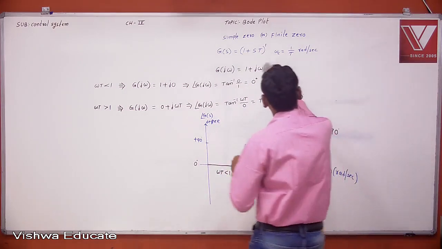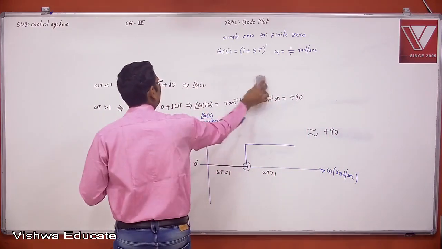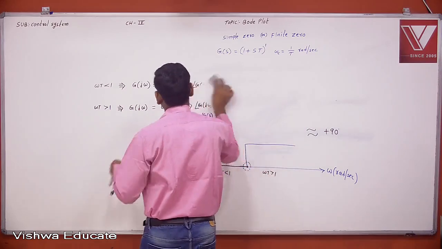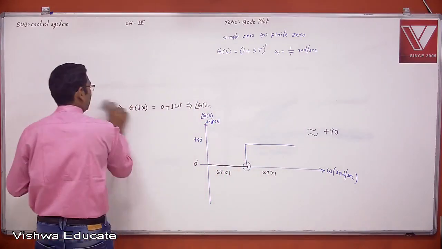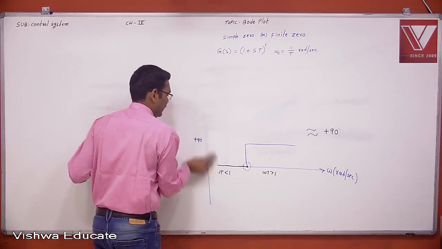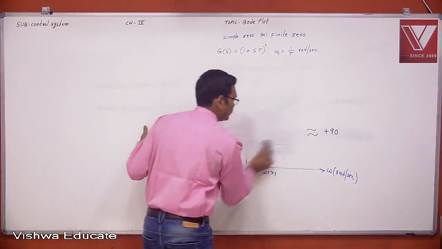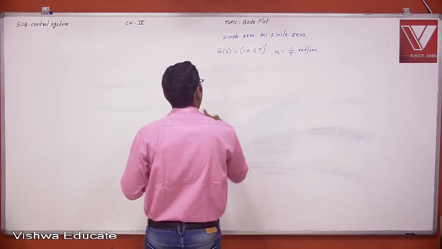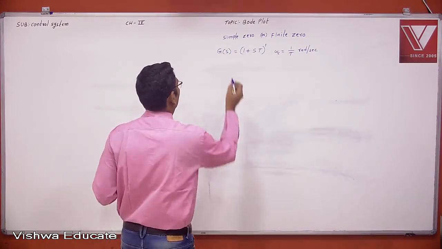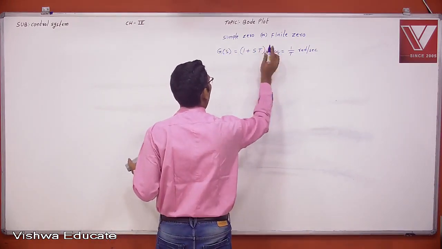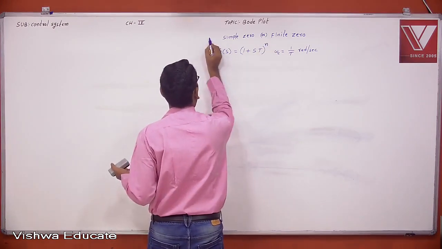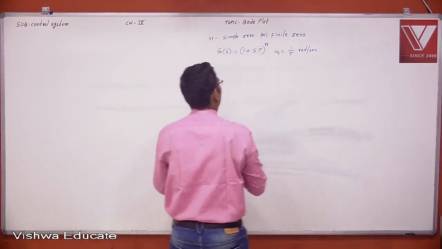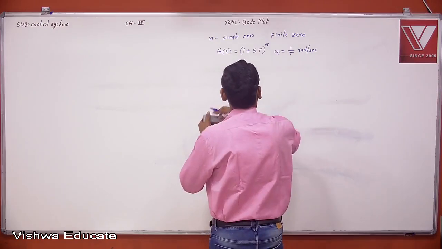Now, if you understand this, then we will extend the same thing for n simple zeros or n finite zeros. Now see here, (1 plus sT) whole power n. This is n simple zeros or n finite zeros.